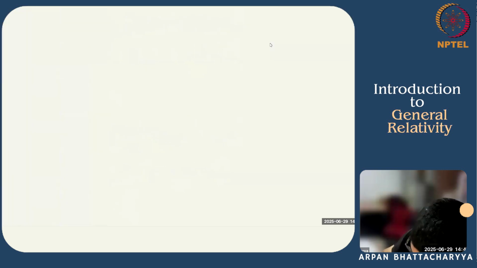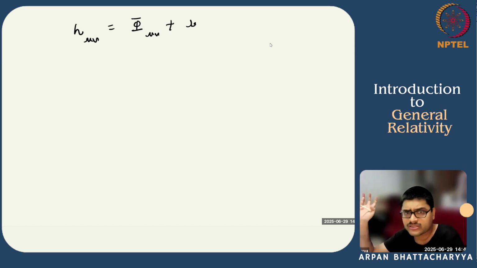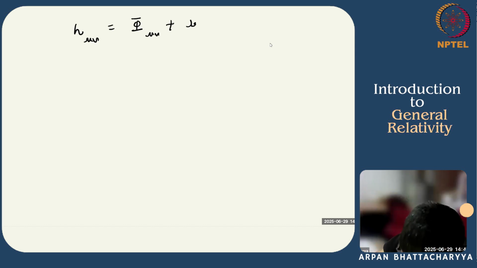So let's introduce another field, H mu nu, which is related to phi mu nu plus some undetermined constant B, which we can choose freely, times eta mu nu.